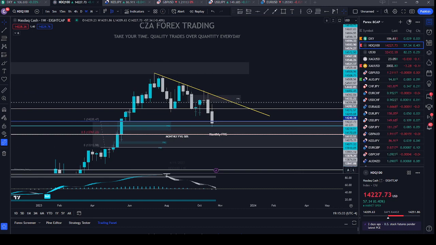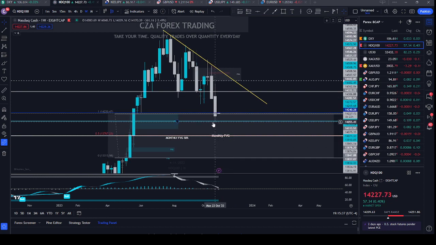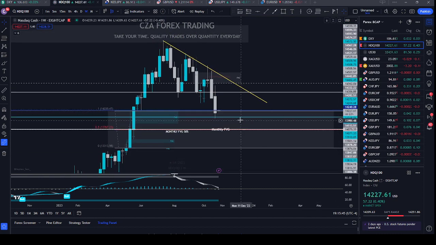We tapped into this week, this previous week. Looks like we are rejecting off that, and we might just head up, or we might not actually. It's too early to tell right here, but this is a fair value gap on the weekly.